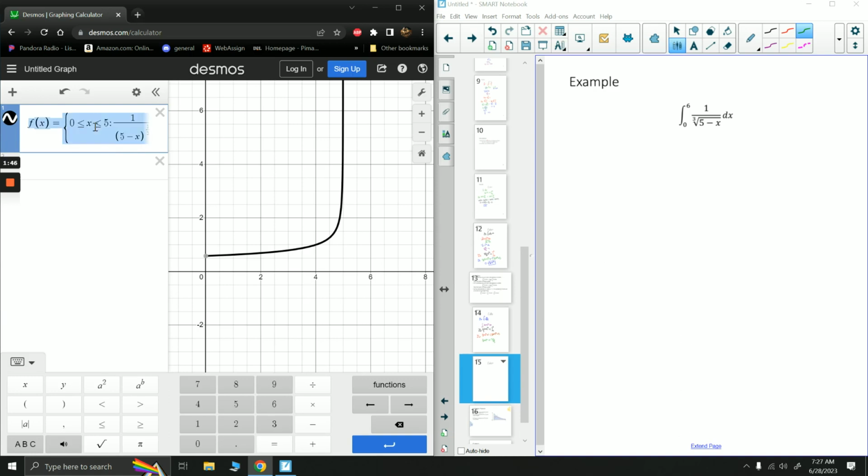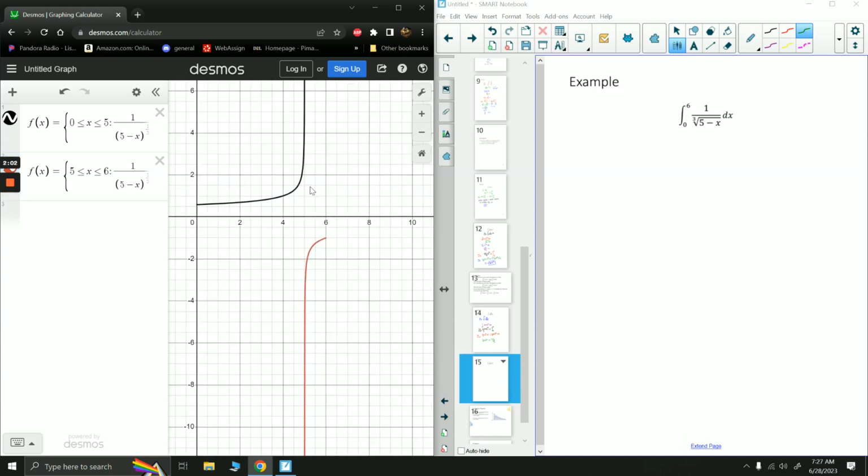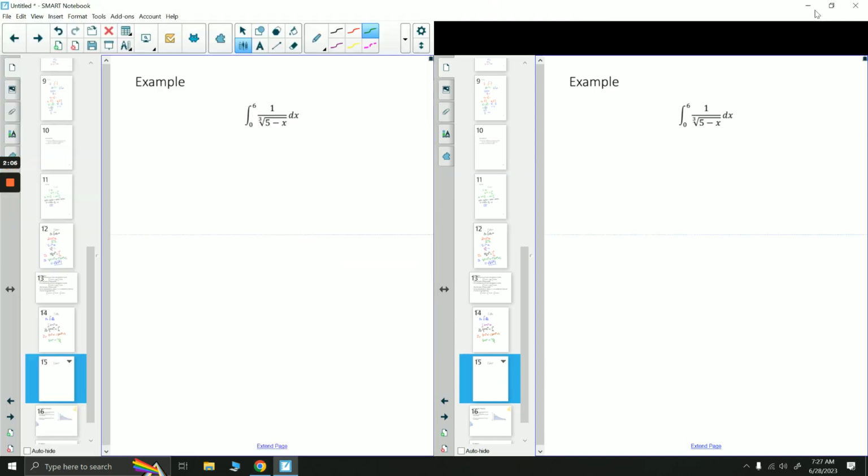So we're going to take this portion of it, and then we're going to take the portion from 5 to 6. So we're going to take a look at this portion here and find its area. So we need to break them up into two pieces.